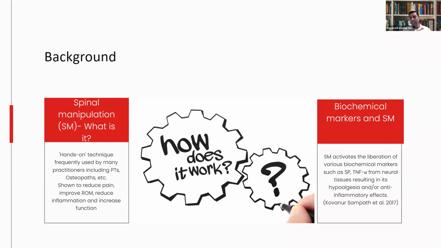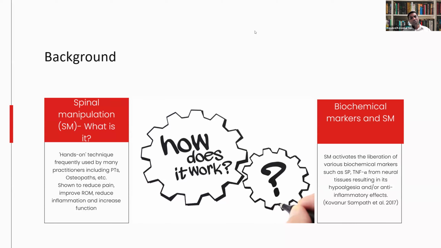One of the hypotheses when we started as to how manual therapy may work was that spinal manipulation could result in activation or liberation of various biochemical markers in the tissue, in the peripheral nervous system or the central nervous system, such as substance P or TNF-alpha, or some endocrine markers like cortisol or pain markers, etc.